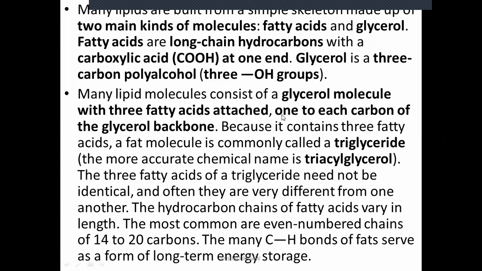Hence, we are saying that many of these lipid molecules are going to consist of a molecule of glycerol, which is a polyalcohol, and three fat acids which are joined to that glycerol. Remember, each glycerol molecule has three hydroxyl groups. Hence, each fat acid is going to react with one of the hydroxyl groups.